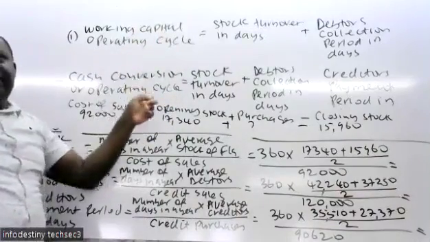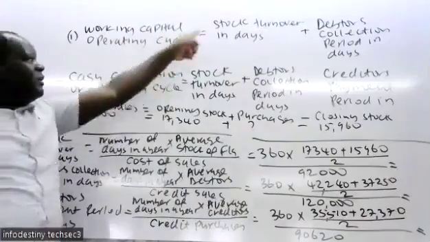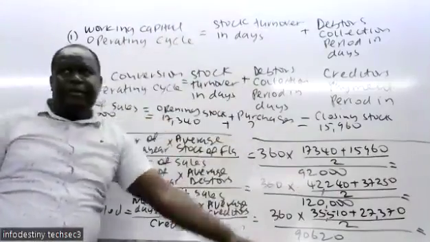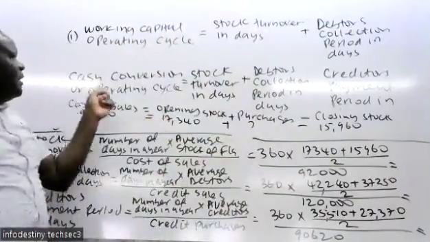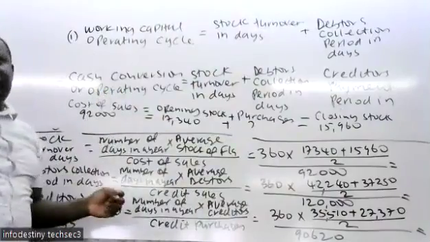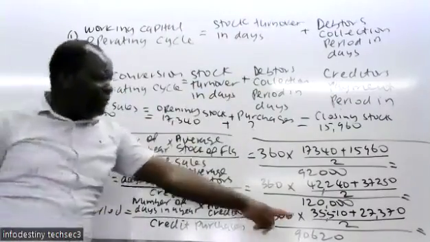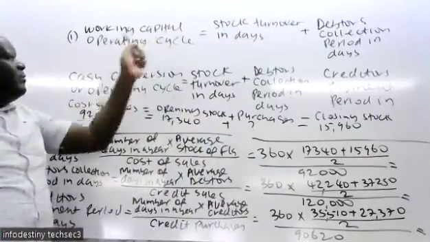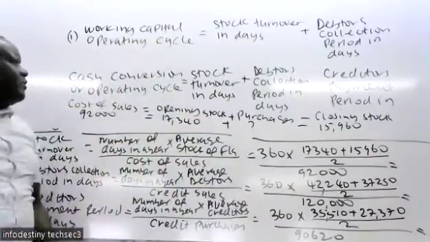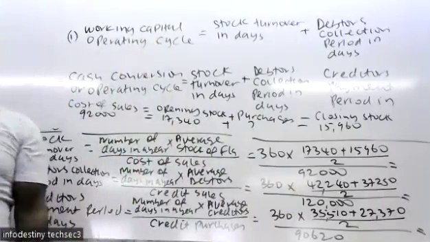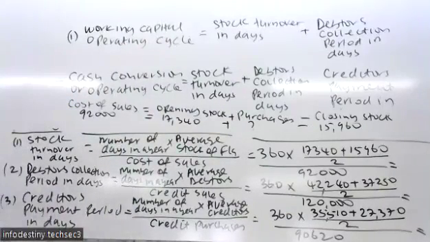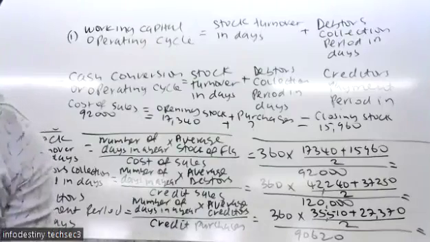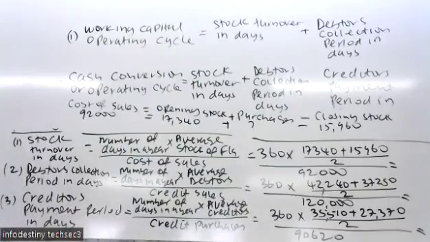You add the two, then you subtract the last one. So compute them, then give me the values, because you have all the details now.